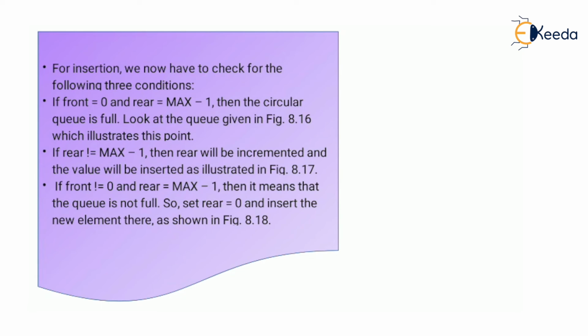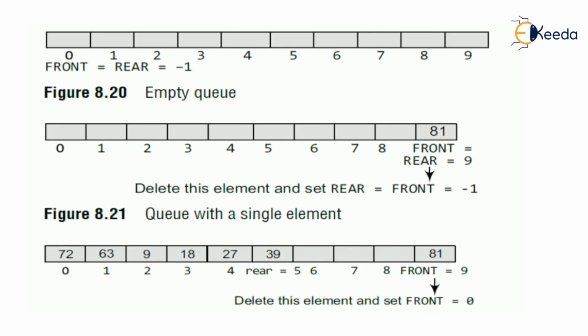Now next, the concept of an empty queue, and the concept of a queue with a single element. Here in figure 8.20, front is equal to rear is equal to minus 1.